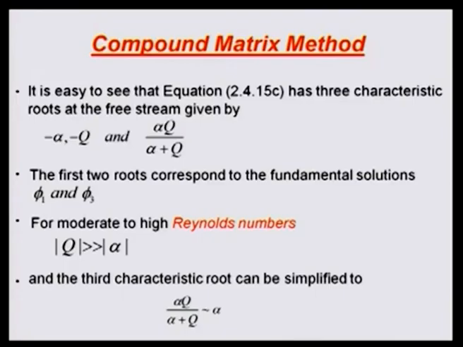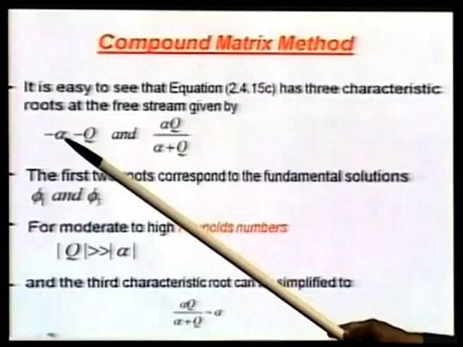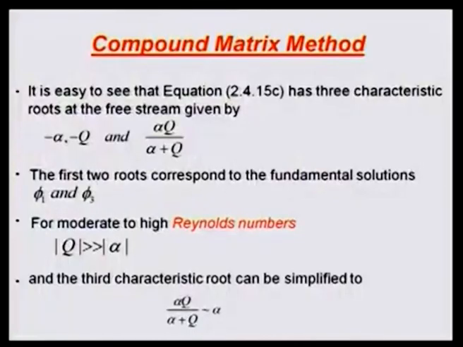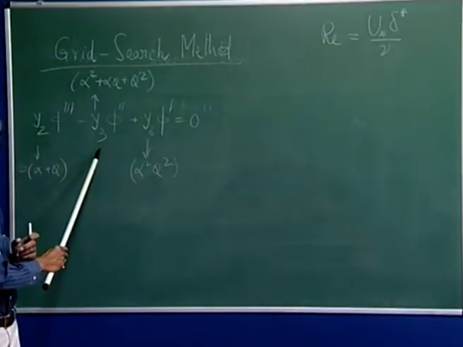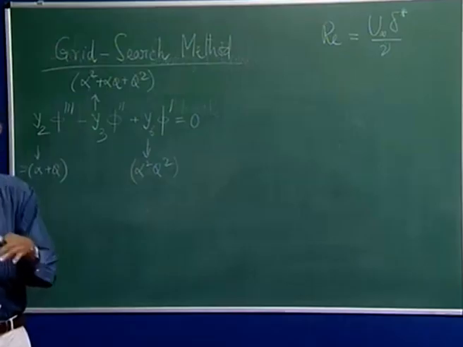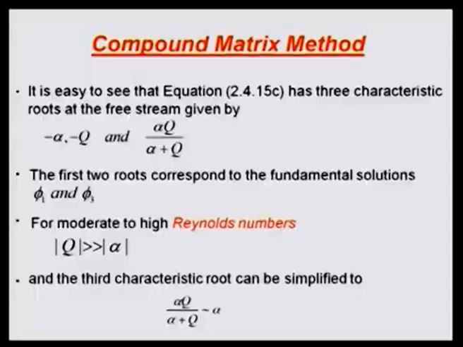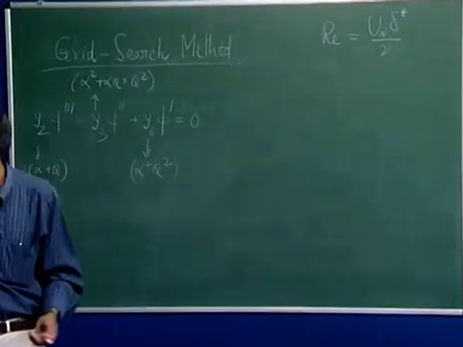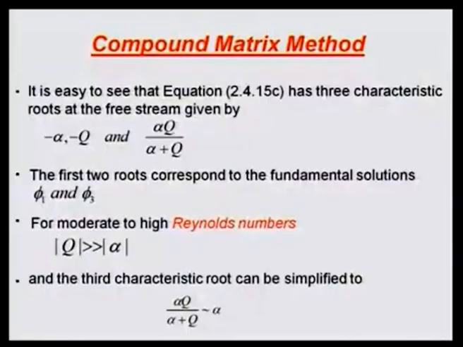Well, one thing is for sure, you know that you originally started with the exponent of minus alpha and minus q. So, those 2 are there or should be there. So, what you can do is deflate this equation, remove those factors out, phi plus alpha and phi plus q, and then you will see that the third root is like this. What is this third root?